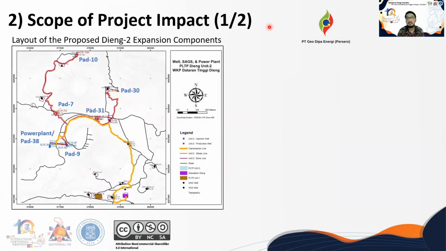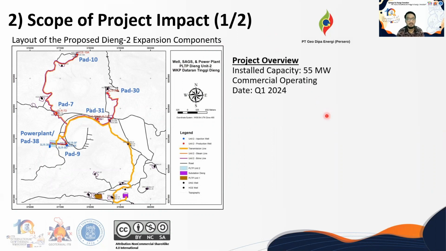So chapter number 2, the scope of project impact. As we could see on the screen, here's the layout of the proposed Dieng 2 expansion components. As I mentioned before, Geodipa aims to have another 55 megawatts delivered in 2024.